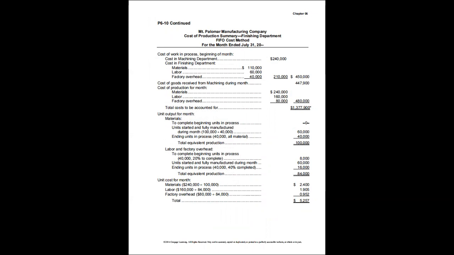And we have in the finishing 210 total cost to be accounted for. Cost of goods received from machining in work beginning of 240,000. Okay, work beginning. And we have the cost here.